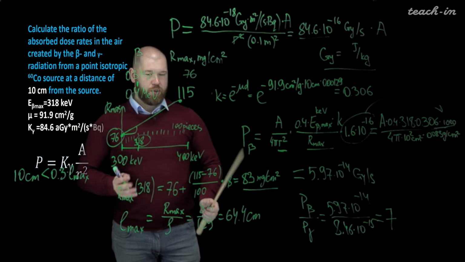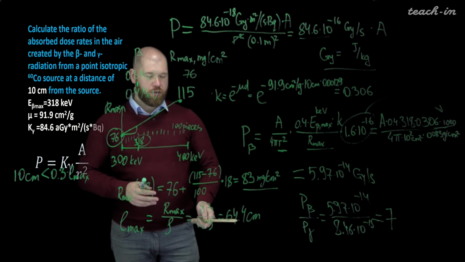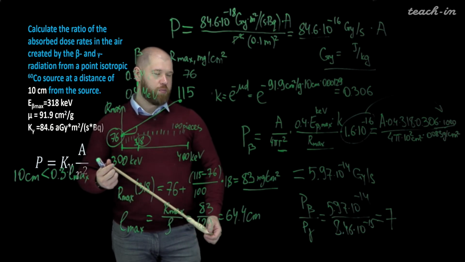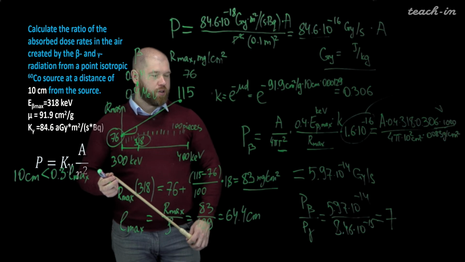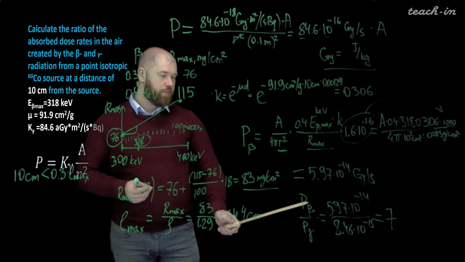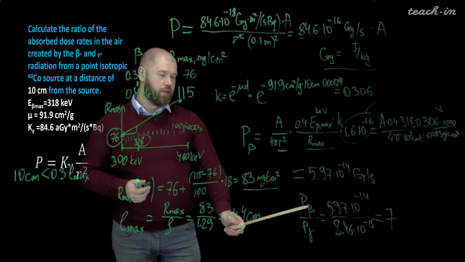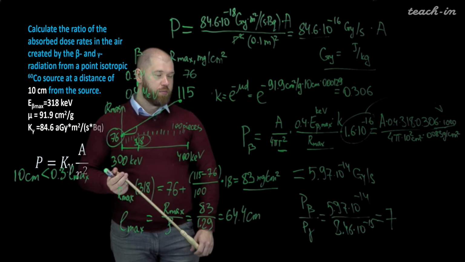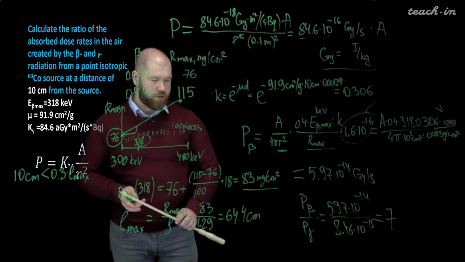And all the doses at the distances longer than 65 centimeters will be created by only gamma radiation. But at short distances, the dose rate that is created by beta particles is higher than the dose rate created by the gamma radiation.